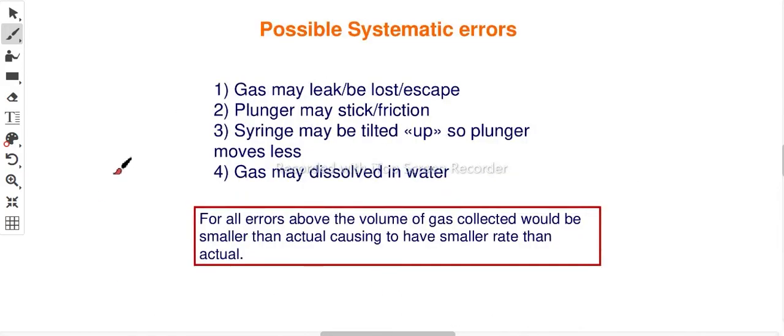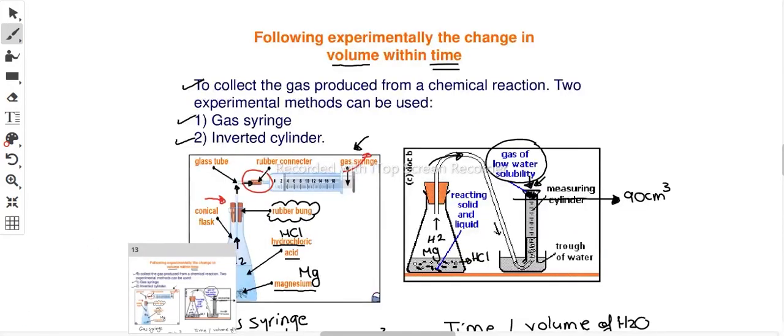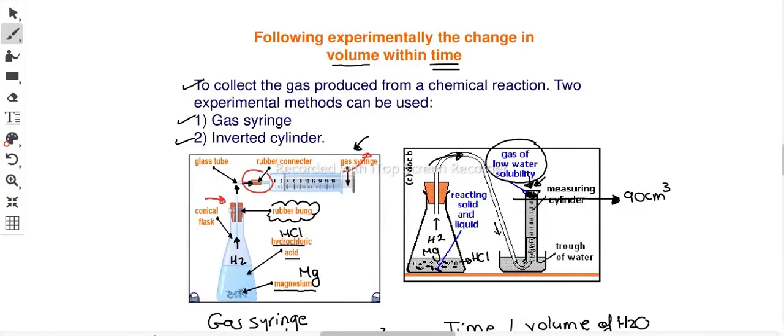Another one, the plunger may stick due to friction. Inside the plunger, maybe there is friction, so the hydrogen gas, or the carbon dioxide or any type of gas, will not be able to push the plunger. Number 3, the syringe may be tilted up, so the plunger moves less. If we go back to the figure, we find that my gas syringe should be exactly parallel with the bench.